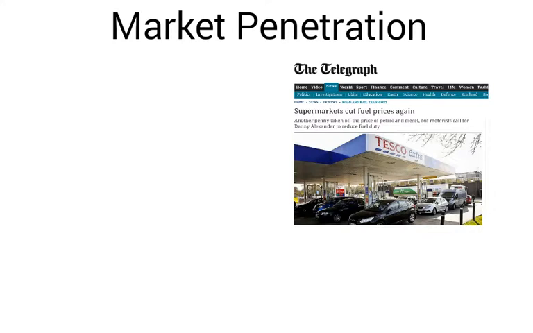The aim with market penetration is to try and attract customers from the competition. Remember that this is an existing product, so we're not changing the thing that we sell. It's an existing market. We're not trying to bring new people into the market. What we are simply doing here is trying to do better than our competitors.